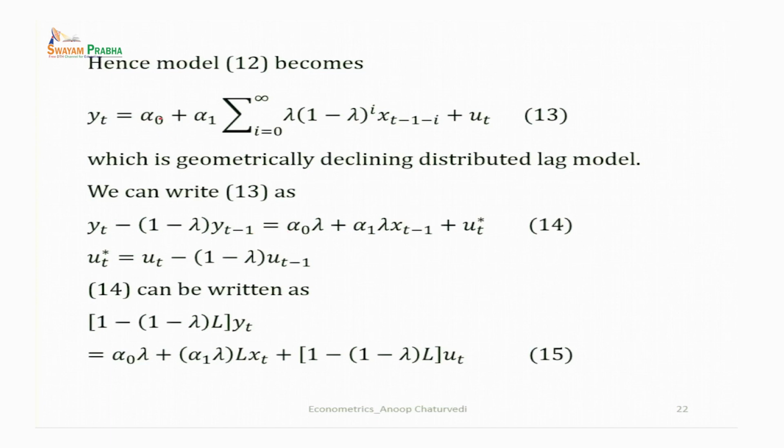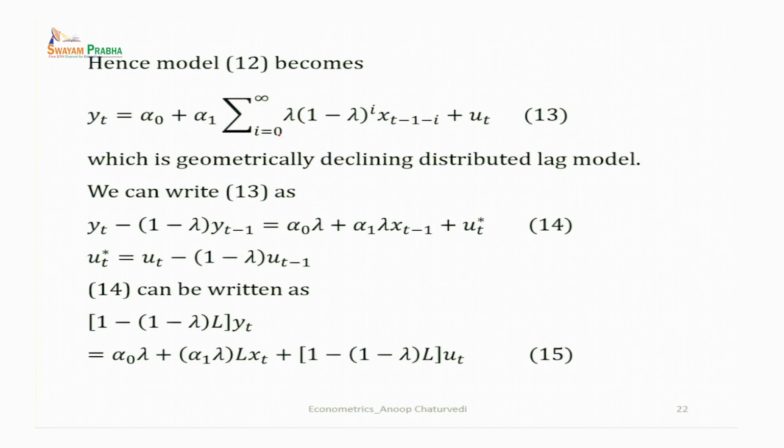So, you get alpha_0 minus (1 minus lambda) alpha_0, which is equal to lambda alpha_0. And then here you obtain alpha_1 into lambda.